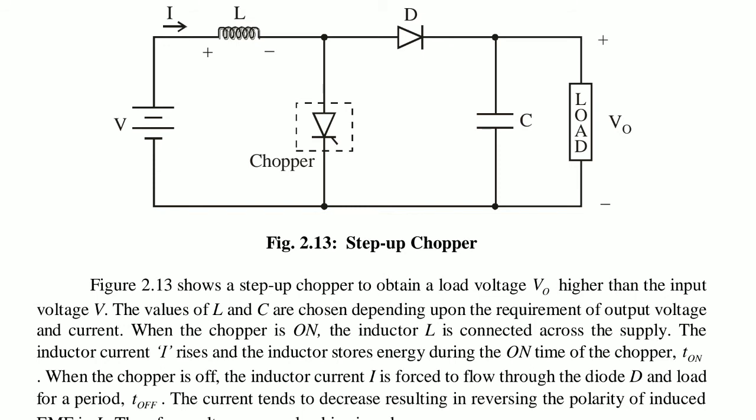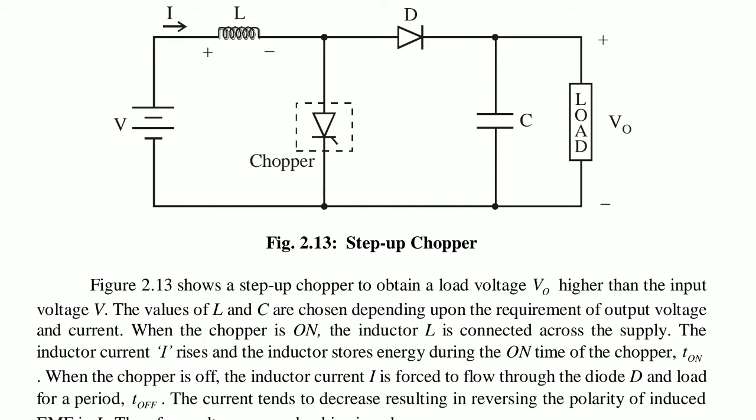This happens in the T on period. But when the chopper is off, the inductor current I is forced to flow through the diode. So the energy stored in the inductor, or the inductor current, is forced to flow through this diode and towards the load for the T off period.